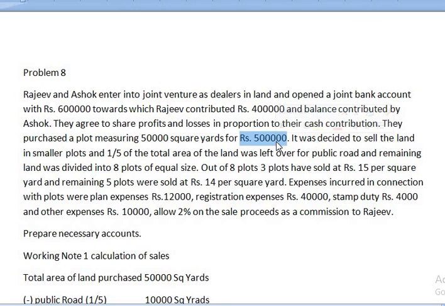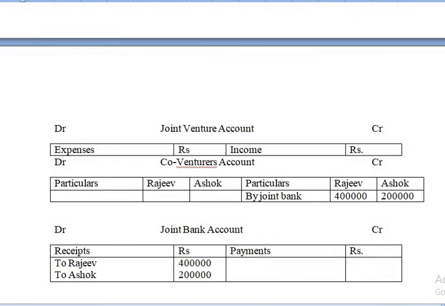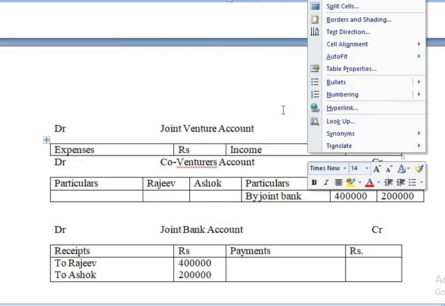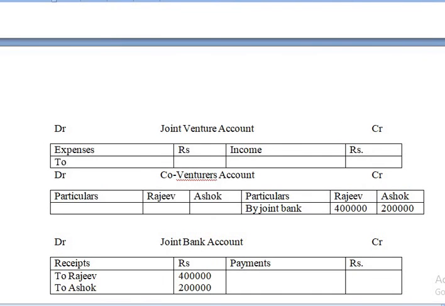They purchased land, and the land cost is 5 lakh. This 5 lakh rupees expenditure was paid through the joint bank account. So to joint bank account, how much? 5 lakh rupees.